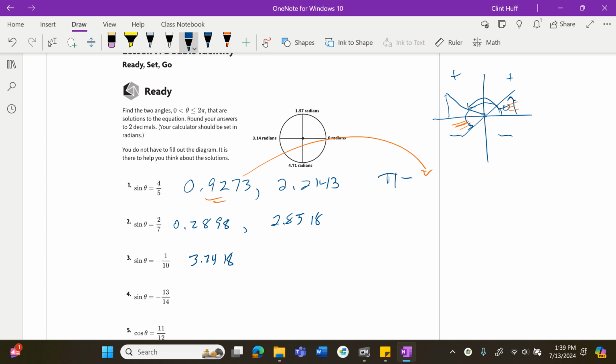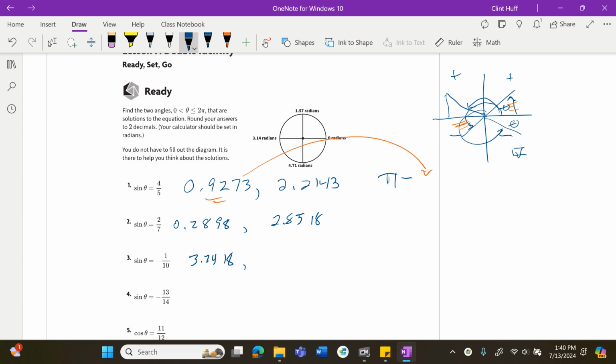So what I suggest is to get the reference angle by inverse signing 1/10 and then do 2 pi minus that, because to get down here to quadrant number 4, you want to get all the way around into here. You want 2 pi minus the reference angle.